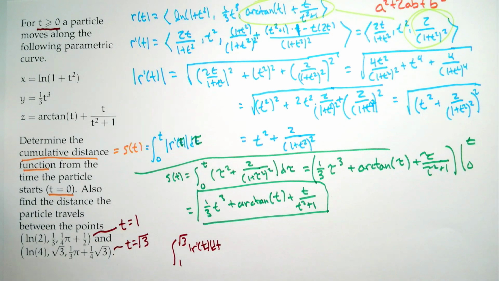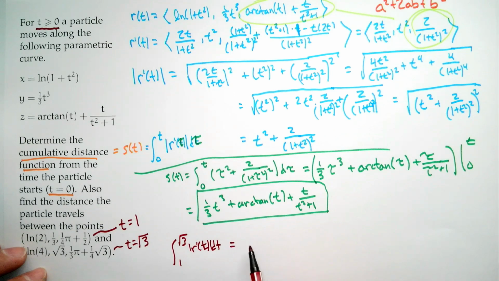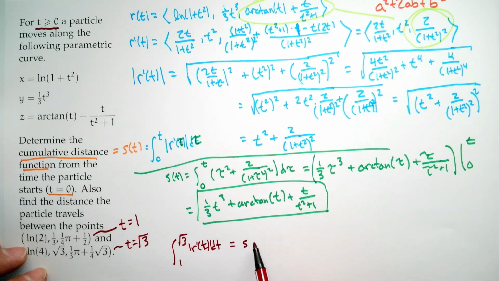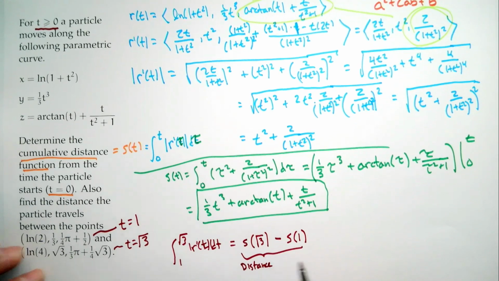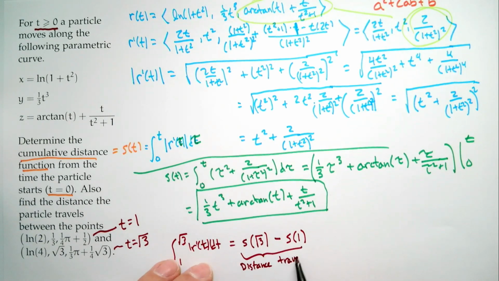So I can do something a little bit simpler. This is the same as how far I travel when I get to root 3, minus how far I traveled when I'm at 1. So if I look at the cumulative distance function between two values of t, this is the distance traveled between the times 1 and root 3.